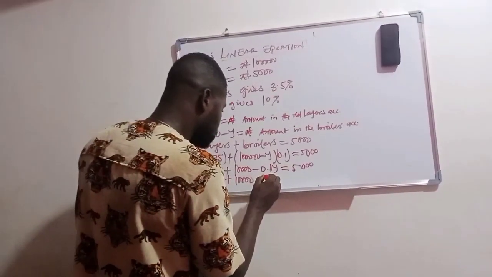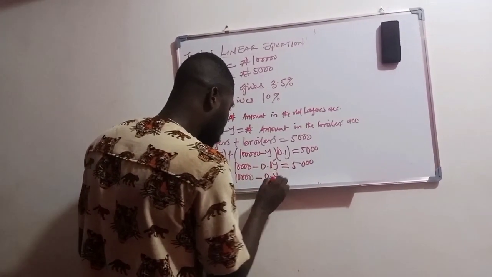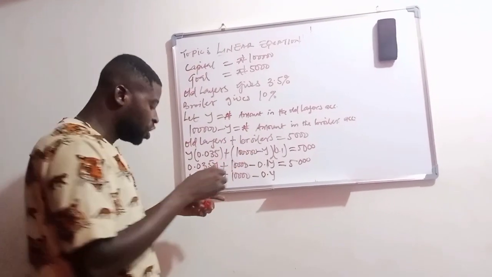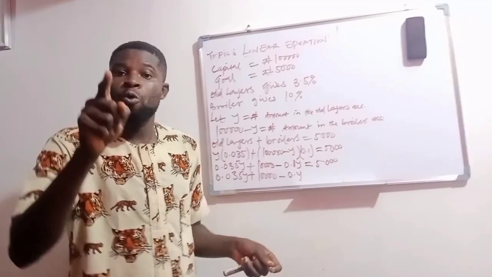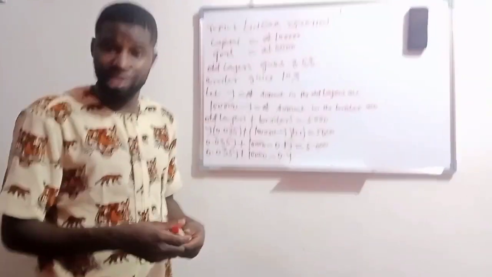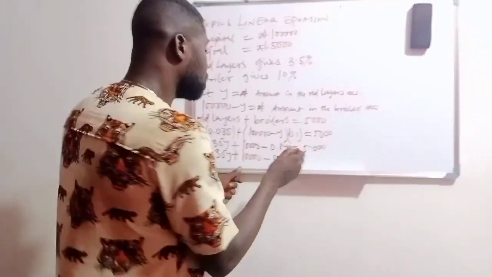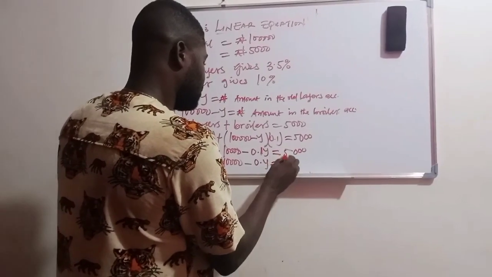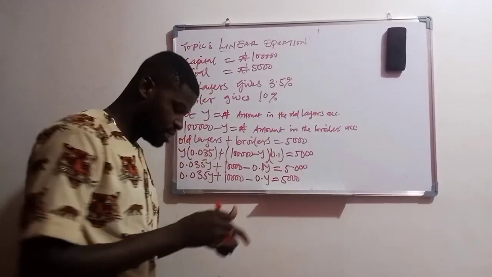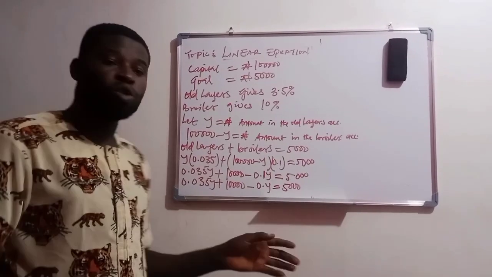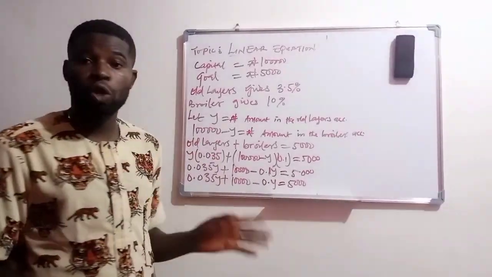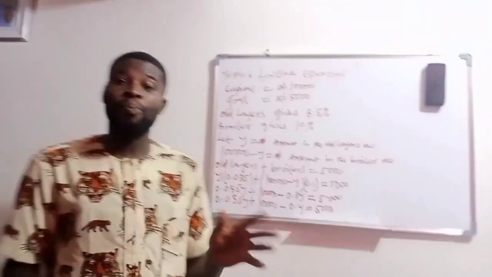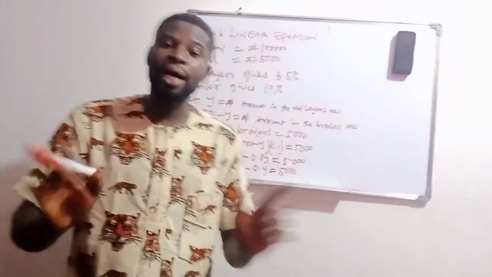We have 0.1y, because we already know a single variable has a coefficient of 1. Did you get what I'm saying? Which is equal to 5,000. Now, from this place, we do collection of like terms. You know how to do that. Separation of Paul from Barnabas.